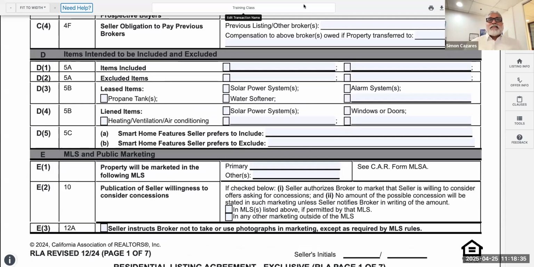Because they made a mistake and now they have to pay for an appliance that they thought they were going to have as part of the sale. So be crystal clear, ladies and gentlemen, in how you maneuver these listing agreements, because any little mistake is going to cost you, and you're going to end up writing a check.